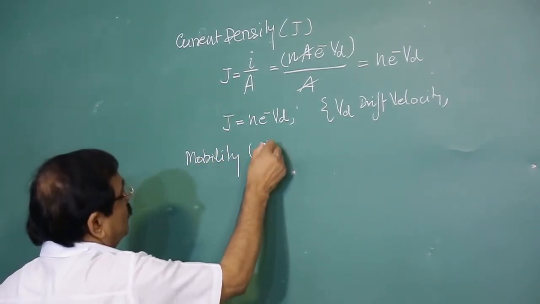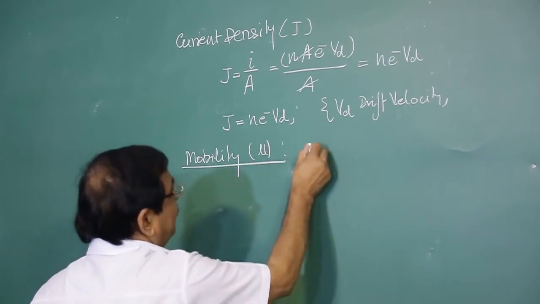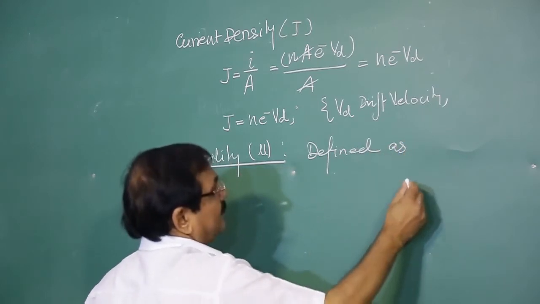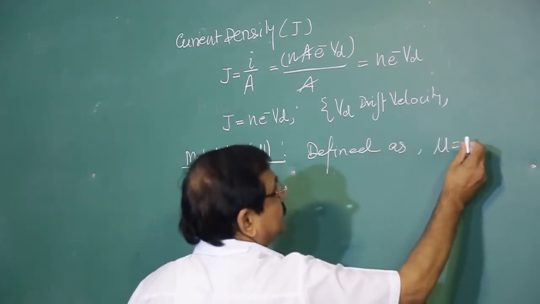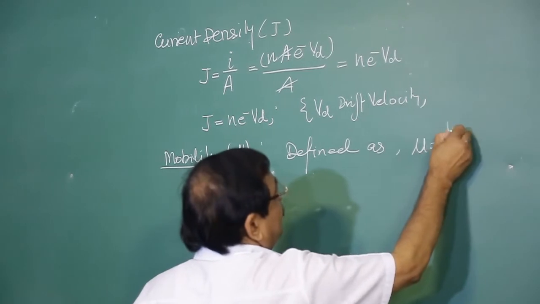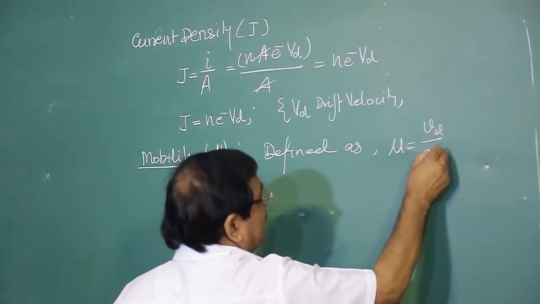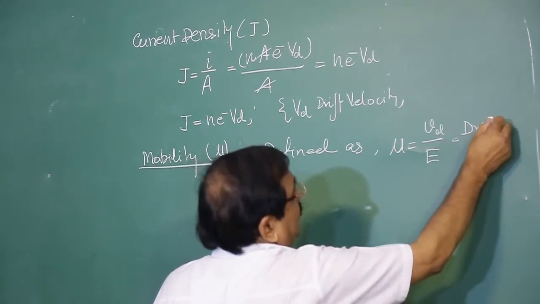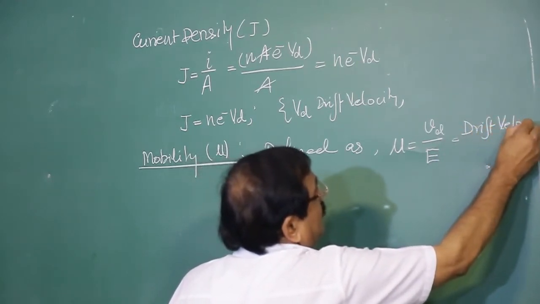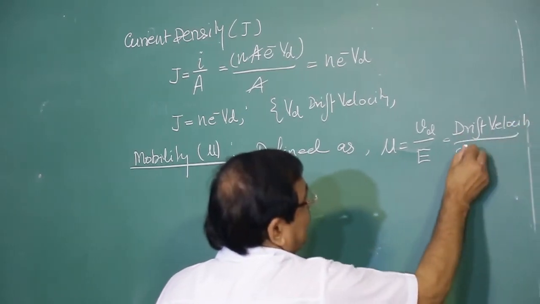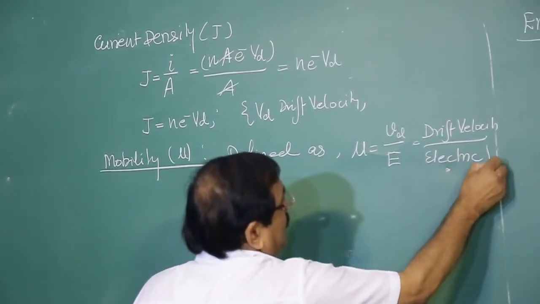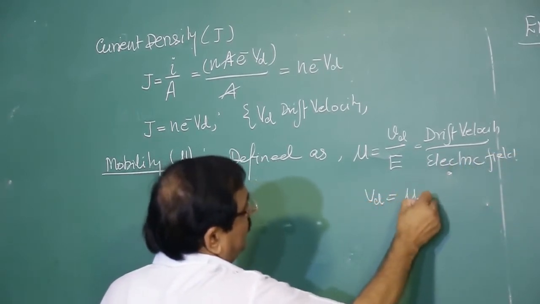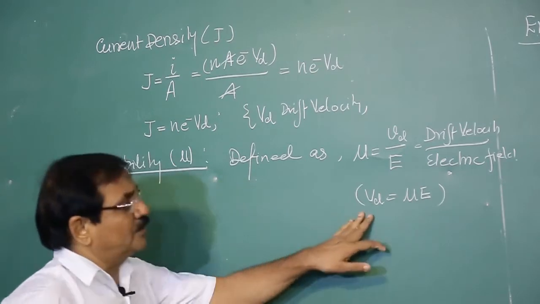Mobility is mu and defined as mu is equal to V D by E, that is drift velocity upon electric field. So V D is equal to mu into E.